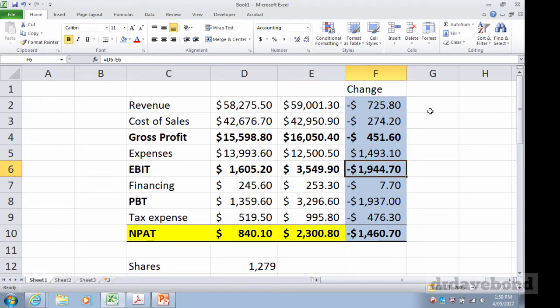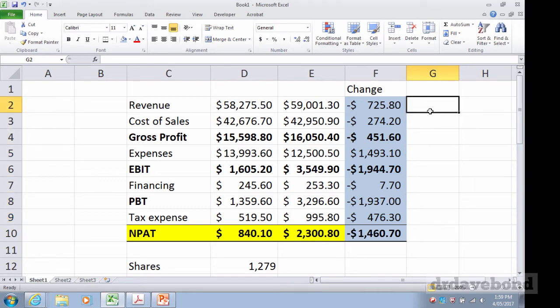Means your profit's down, before tax is down, interest is about the same. Profit before tax is down heavily, tax expense is down, which makes sense. You've made less profit, tax should be down. So net profit after tax, so this is profit from continuing operations after tax, is down by about $1.5 billion year on year.